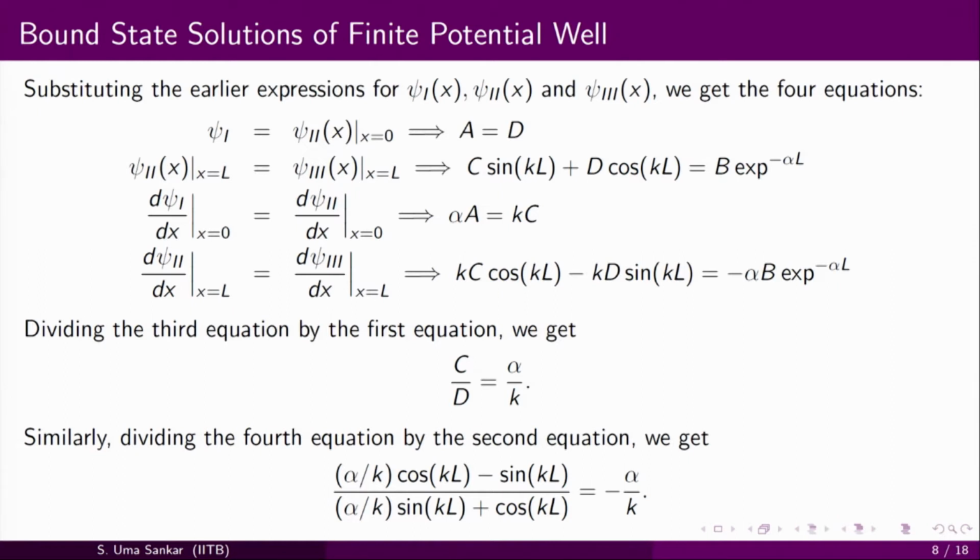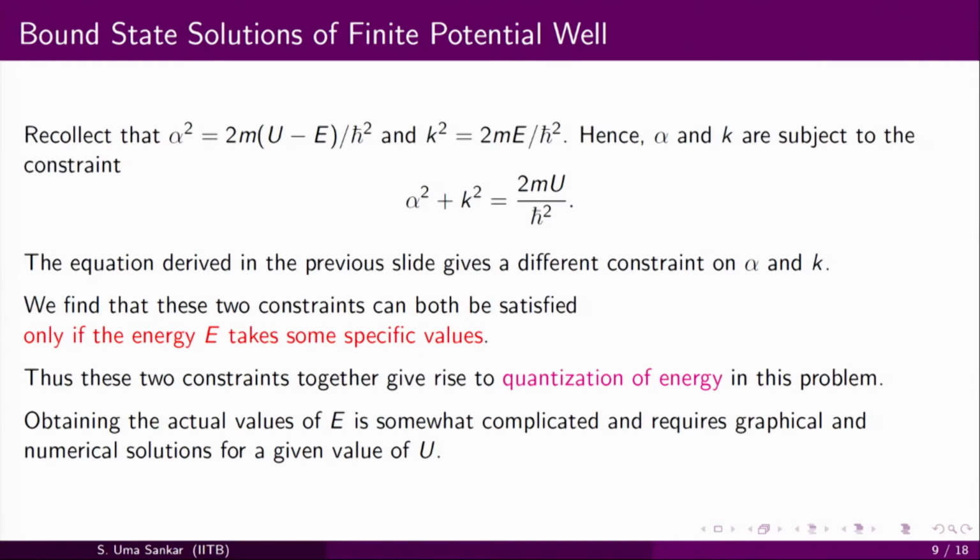Remember, alpha is a function of energy and k is a function of energy, and we find that both of these conditions can be satisfied only if the energy takes some specific values. If you have some arbitrary value of energy, you cannot satisfy both alpha square plus k square equal to 2mU by h cross square and the other complicated looking condition.